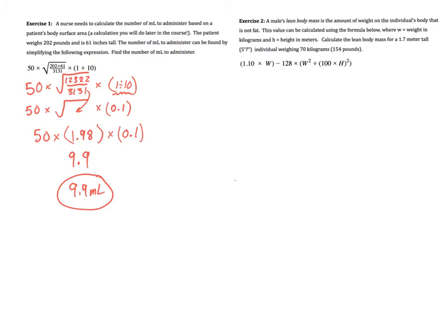Now, later on in the course, when we are calculating the body surface area, we'll have to be able to plug this whole thing in our calculator. So we could have actually plugged the square root of this product and then the division, that whole thing in the calculator, but I wanted to do a little bit of simplification. And what we find is when we put this in our calculator, we're not going to get a very nice number.